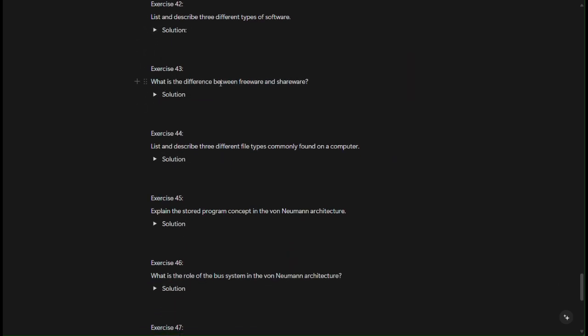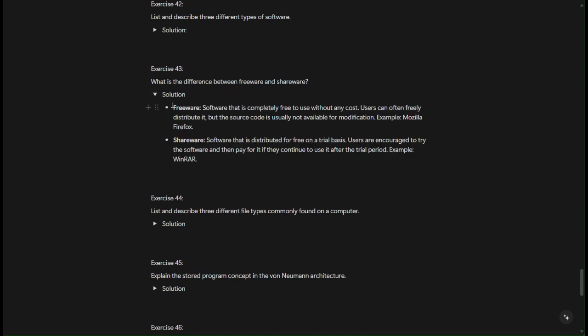Now 43. What is the difference between freeware and shareware? Freeware is software that is completely free to use without any cost, but shareware is software that is used on a trial basis.